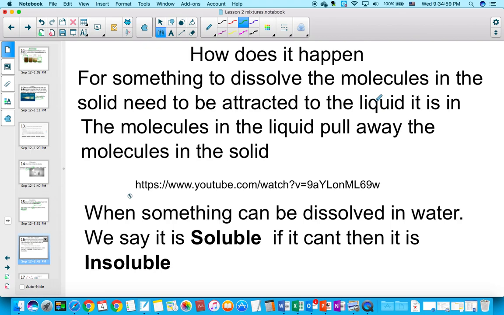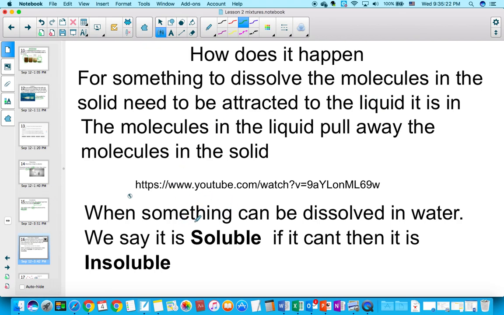So the molecules of sugar are separated and floating away from each other. And there you have dissolving, because the solvent is attracted to the solute and breaks those bonds apart so that they are floating in the liquid.